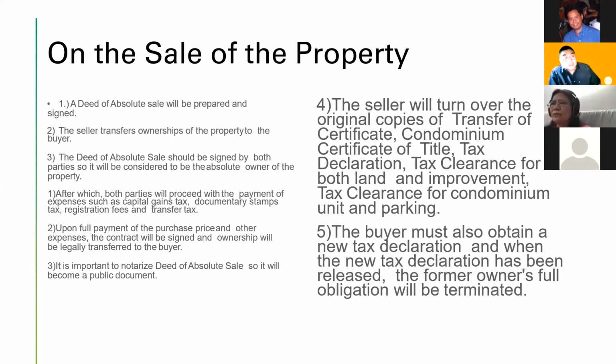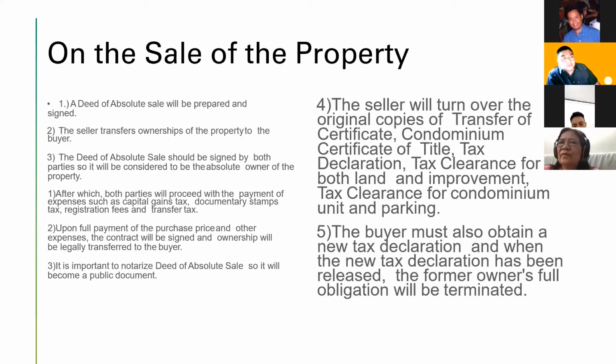However, there are cases that there is a one-track absolute deed of sale. Hindi bumibili yung buyer. Meron ganun, nakatago yung buyer. Nagluloko yun. After going to payment of expenses such as capital gains tax, doc stamp, registration fees, and transfer tax.